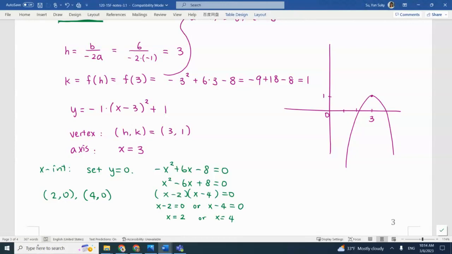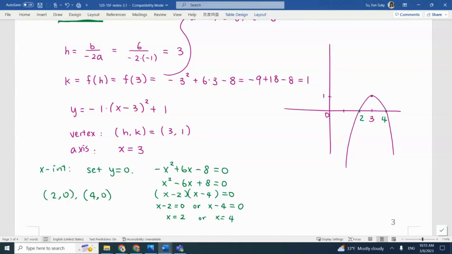Therefore, in the picture, we now know the x-intercepts are (2, 0) and (4, 0). So this is 2, and this is 4. This is where the parabola crosses the x-axis. Okay, everybody?